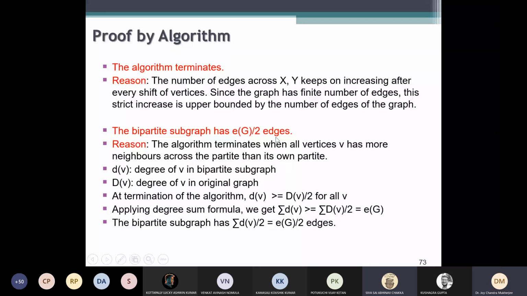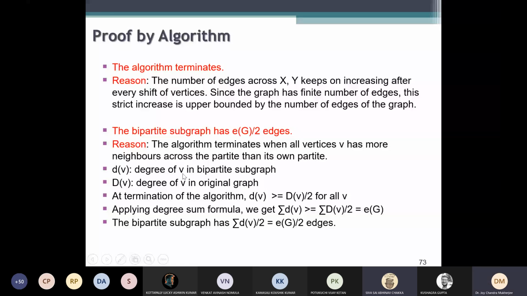The algorithm terminates when all vertices V of the graph G have more neighbors across the partite than in their own partite. So when the algorithm stops, every vertex has more neighbors in the other partite rather than its own partite. Now, suppose small d_v denotes the degree of vertex V in the bipartite subgraph.